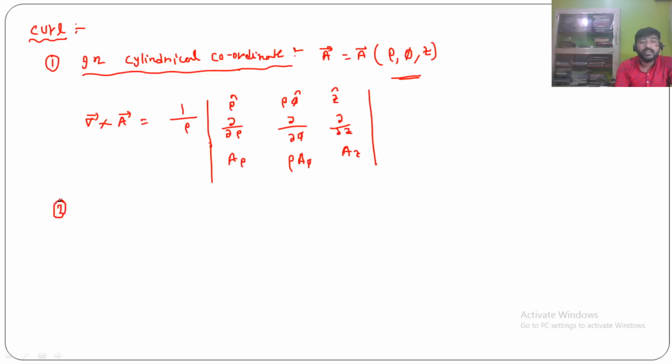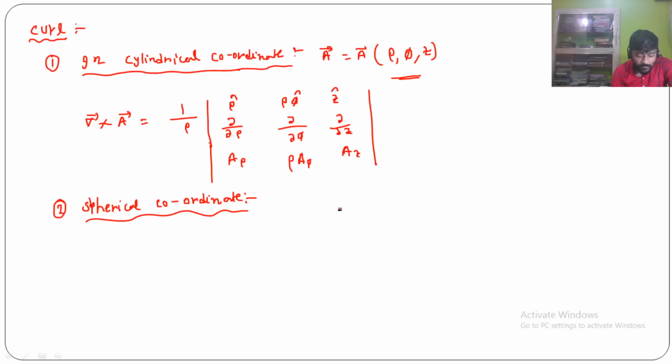Similarly you can write it in spherical coordinate also. So in spherical coordinate you have to write now, so what will be the result?